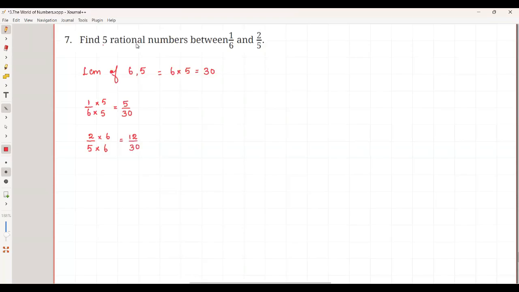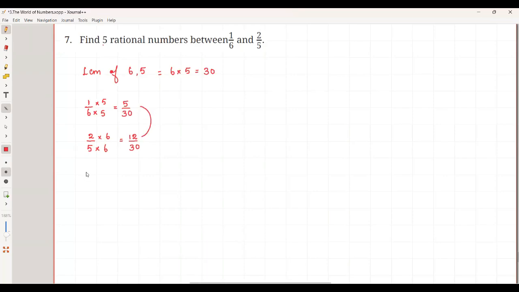They are asking for 5 rational numbers. First you check whether we can find 5 rational numbers in between 5 by 30 and 12 by 30. After 5 by 30: 6 by 30, 7 by 30, 8 by 30, 9 by 30, next 10 by 30. Yes, we are getting 5 rational numbers. In this case, you no need to multiply by 5 plus 1, that is 6. That is not necessary. In between these two itself, we are getting 5 rational numbers.